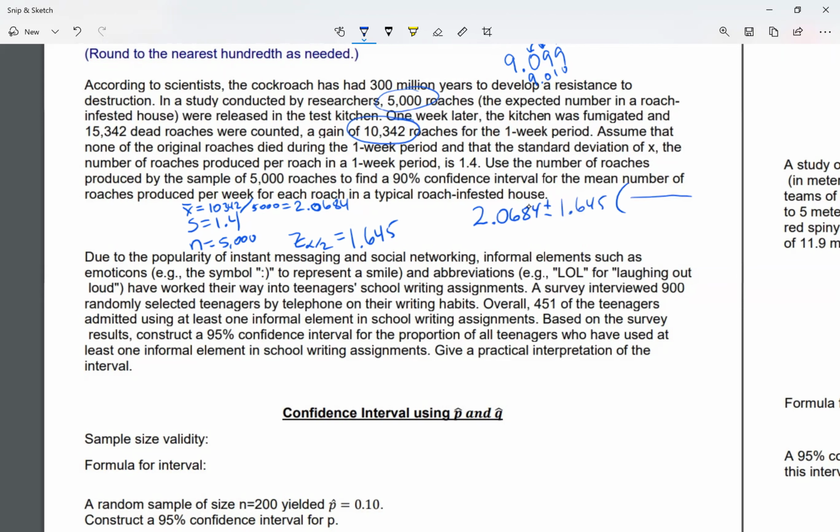I have to multiply this by a fraction. On top of the fraction, I put my standard deviation, which in this case is 1.4. And then I have to divide this by the square root of n. How many were in our sample? In this case, 5,000.